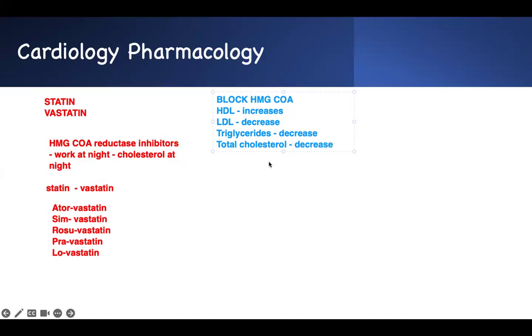What is the aim of this? If you have coronary disease or if you have diabetes, what is the aim of this?